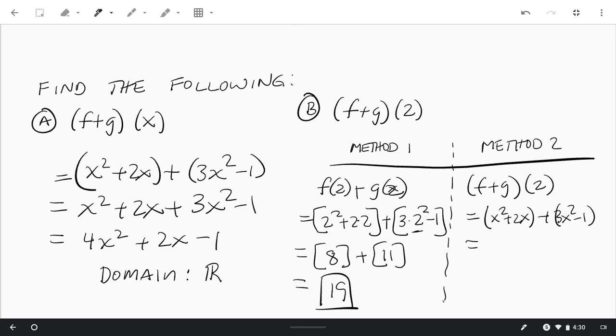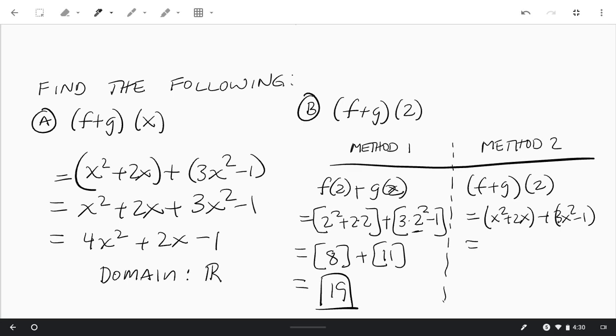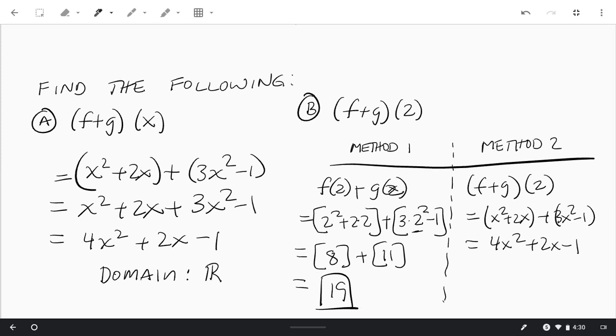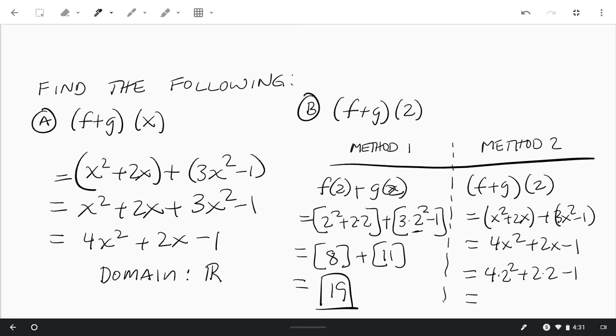Then combine like terms, and we get 4x squared plus 2x minus 1. Then we evaluate it for x equals 2, so let's plug in 2. We get 16 plus 4 minus 1, which becomes 19.